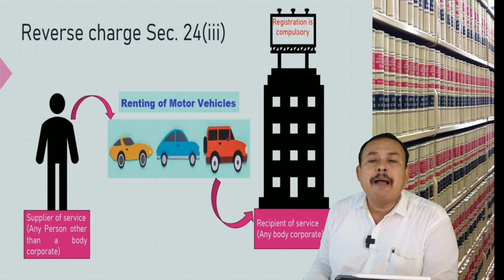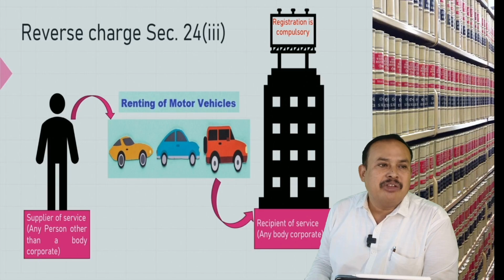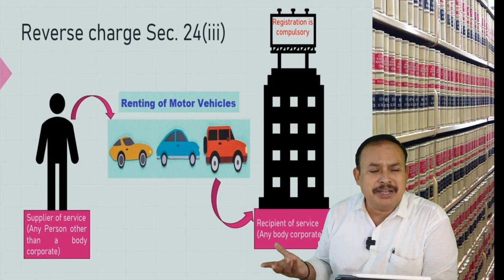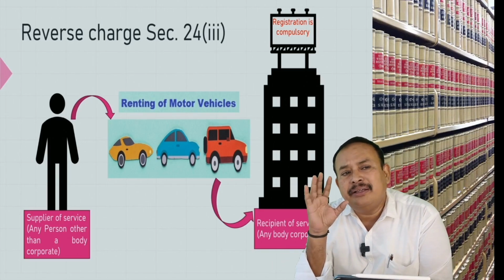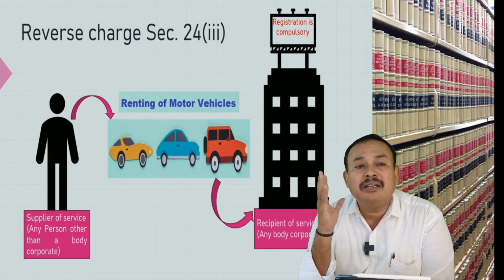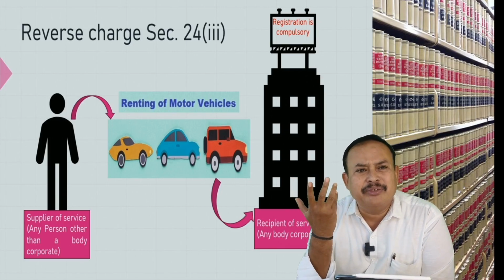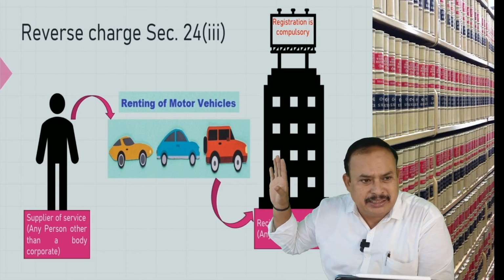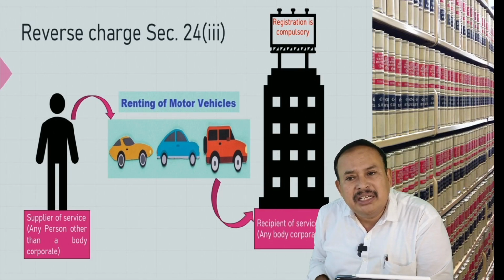Body corporate means private limited or limited companies. We used to call them body corporate. So the supplier is any person other than a body corporate. This is one of the examples, my dear.